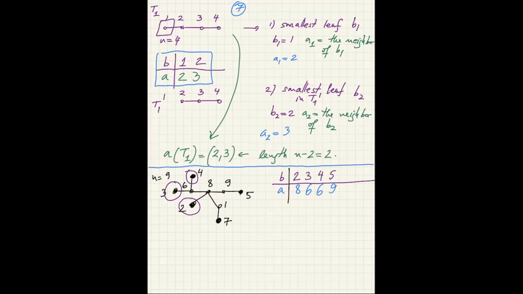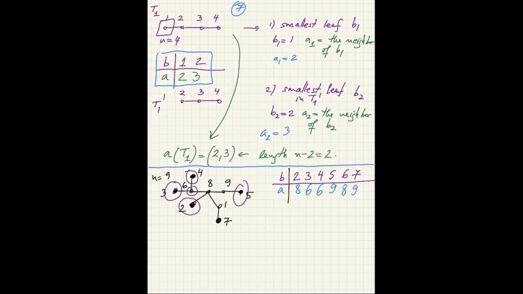And now 5 has become a leaf. Now we have as leaves 6, 9, and 7. So 6 is the one that we get rid of, and that gives us an 8. And now the two leaves that are there are 7 and 9. So that's 7, and that's 9.